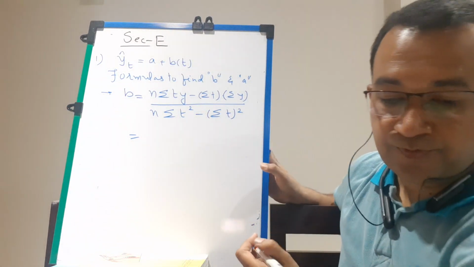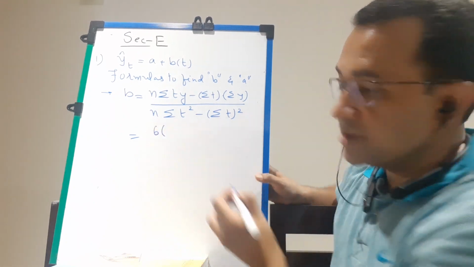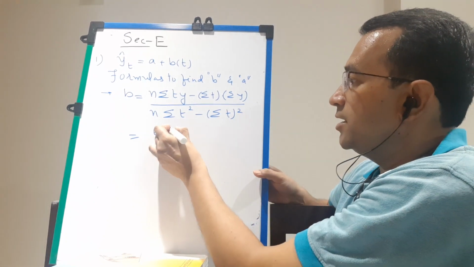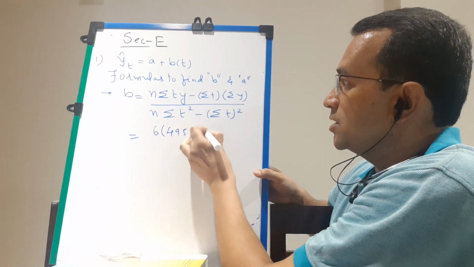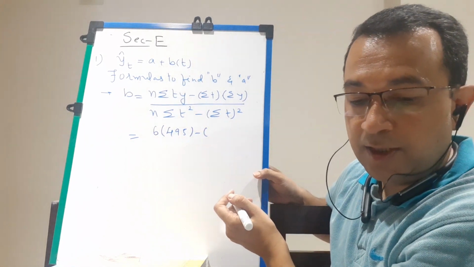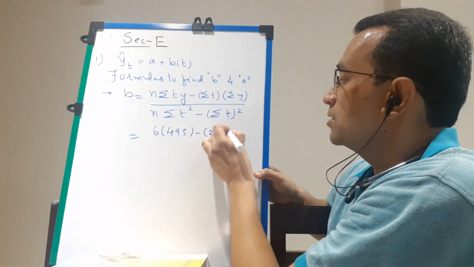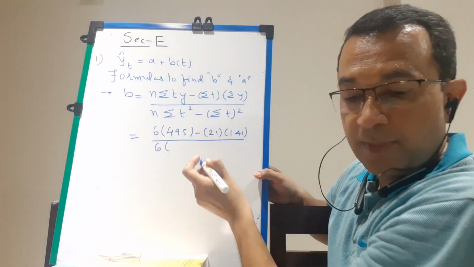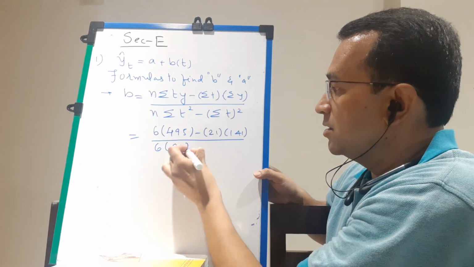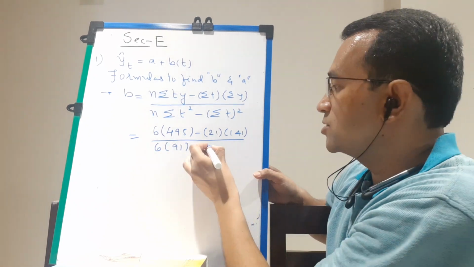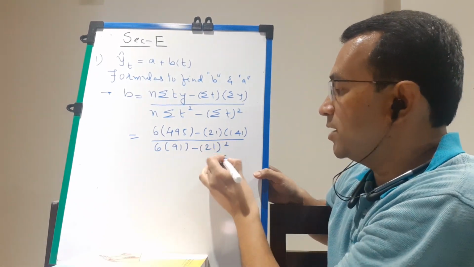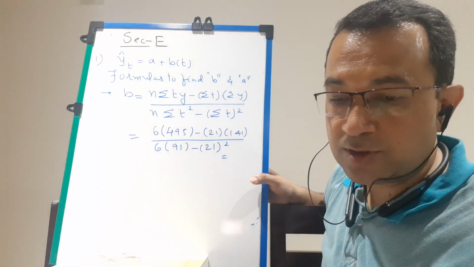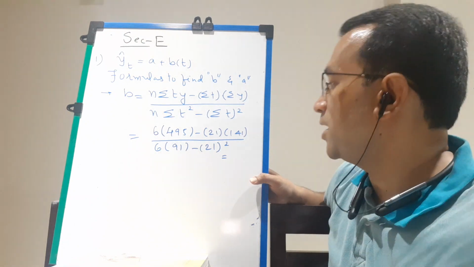N is 6. Sigma ty is 495. Sigma t is 21 into 141 upon n is 6. Sigma t square is 91 minus sigma t the whole square is 21 square, and this turns out to be, students, 0.09.